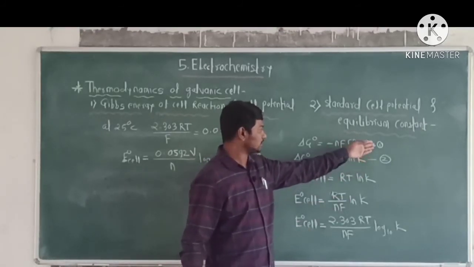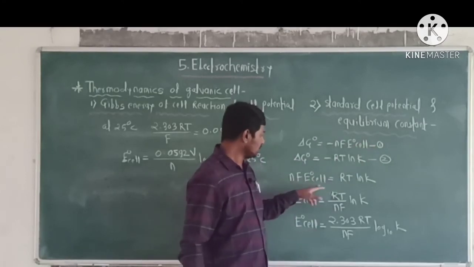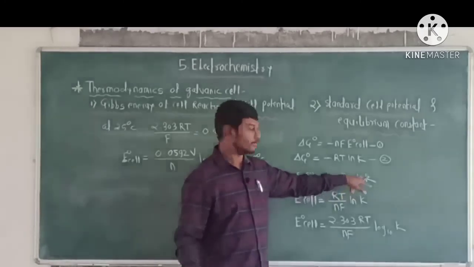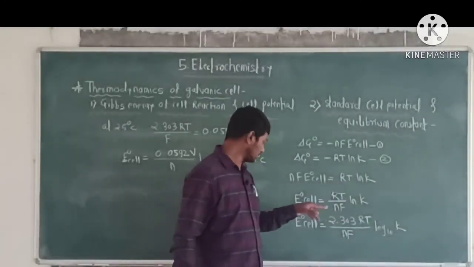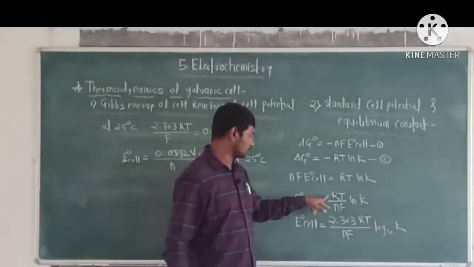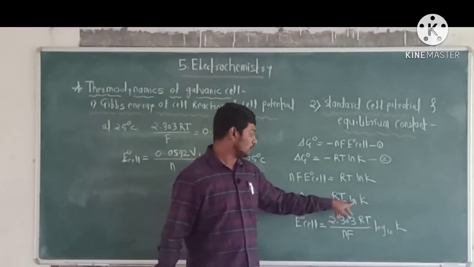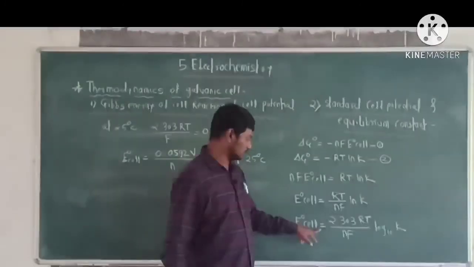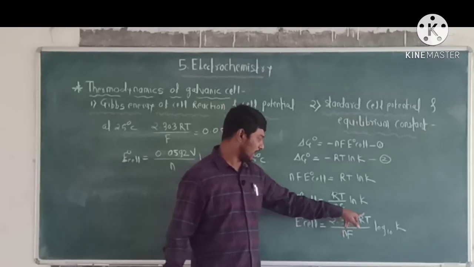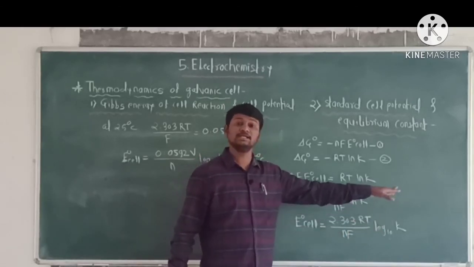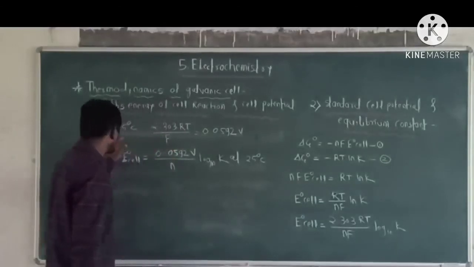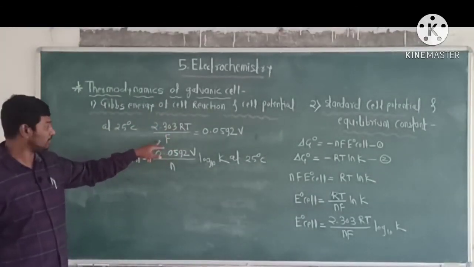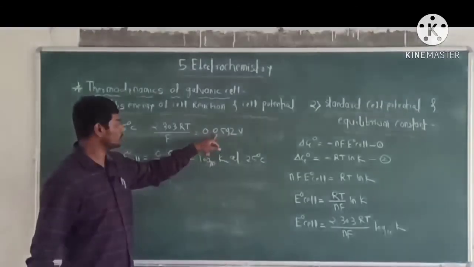Combine these two equations, we get the new equation, that is nF E0 cell is equal to RT log K. Rearrange this equation, E0 cell is equal to RT upon nF into log K. In another form, E0 cell is equal to 2.303 RT upon nF into log to the base 10 K. Now at 25 degrees Celsius, 2.303 RT upon F is equal to 0.0592 volt.